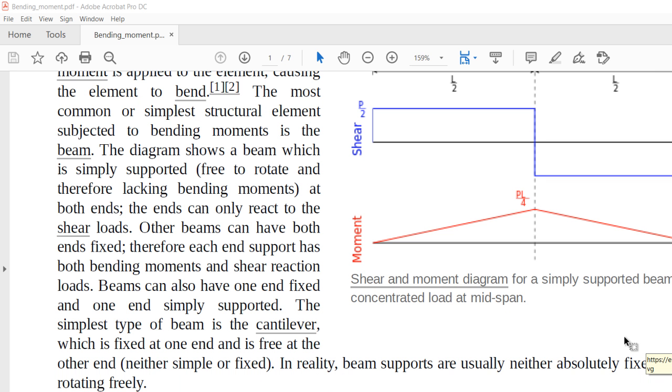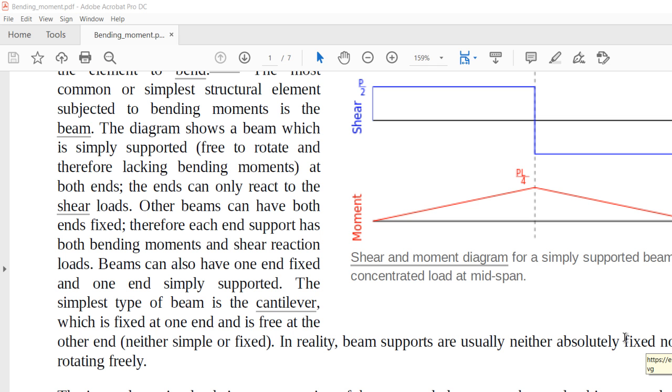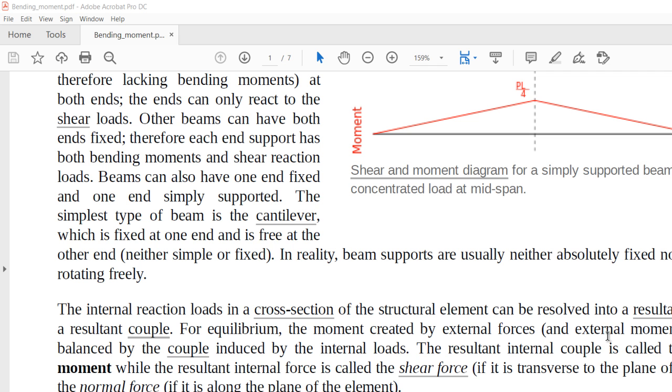In reality, the beam supports are neither absolutely fixed nor absolutely free to rotate. So if you take a cross section of an element, that can be resolved into a resultant force and a resultant couple.